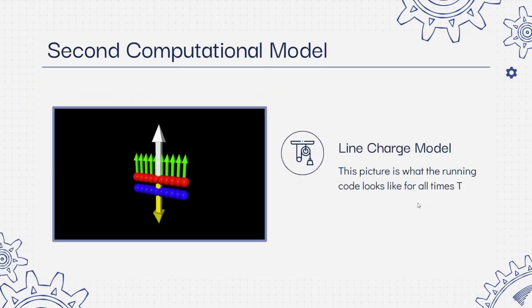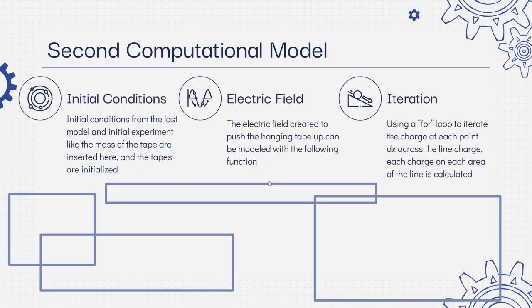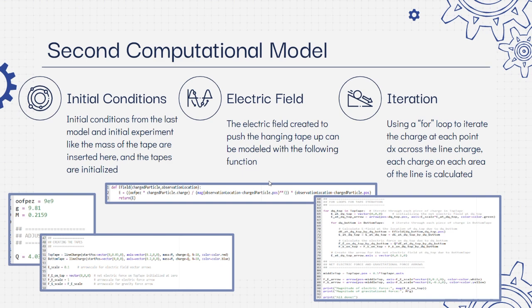Here's the second computational model. You can see we have a bunch of different points that are acting sort of like a line. The left is the first week's code, and the right is the second week's code. Obviously, a lot more code for this one, but sort of the same principles. Set up a bunch of initial conditions and initialize the tapes, get them ready to be iterated on. Do an electric field function.